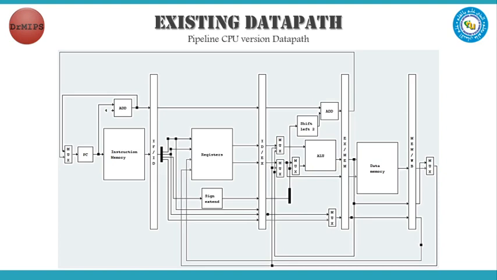Here you can see that in this part the branch prediction is performed, and this line is going to the PC mux, where the selection is performed on the basis of the control signal generated, so that the next instruction comes from one of these.